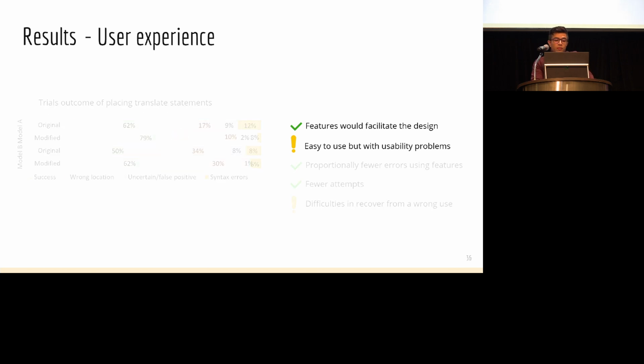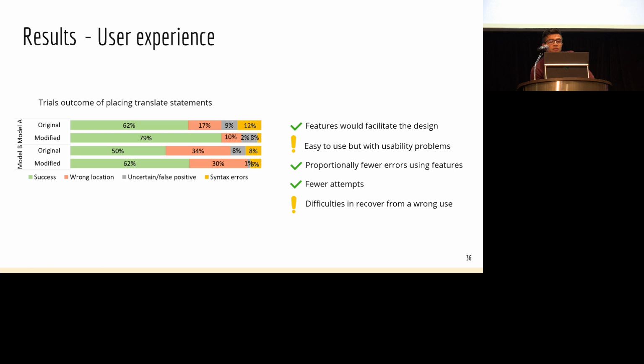In terms of performance, we found that the users needed proportionally fewer attempts to succeed and also made fewer errors using the features. But we also noticed that when they made a mistake, it was hard for them to go back. They didn't know exactly where the problem was and how to fix it.